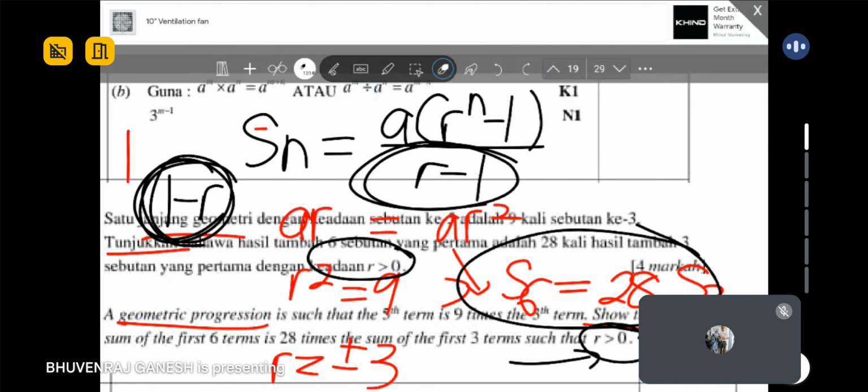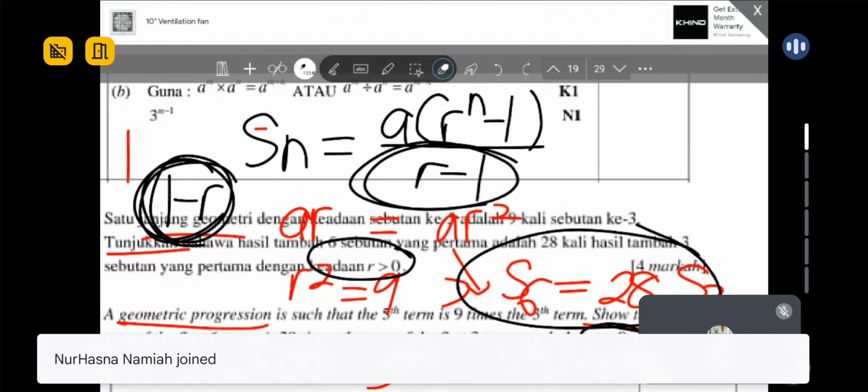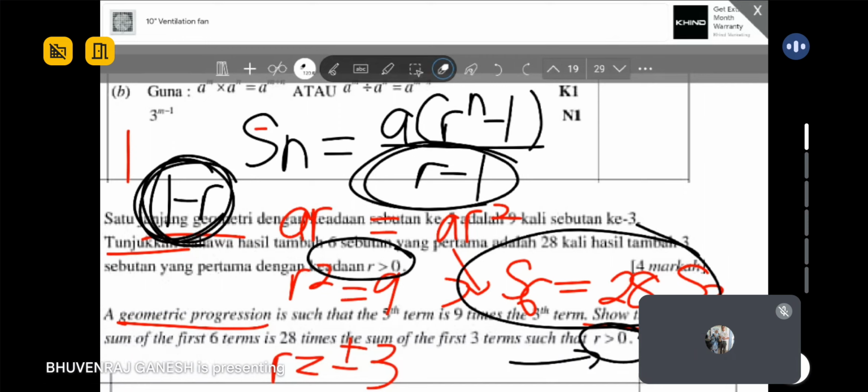Okay, that's why I cannot use 1 minus R. When R minus 1, hanya boleh guna for R lebih besar dari satu. Okay, kalau 1 minus R, R lebih kecil dari satu. Okay, do you guys get it? So make sure you guys choose the right formula. Okay, pilih rumus betul.